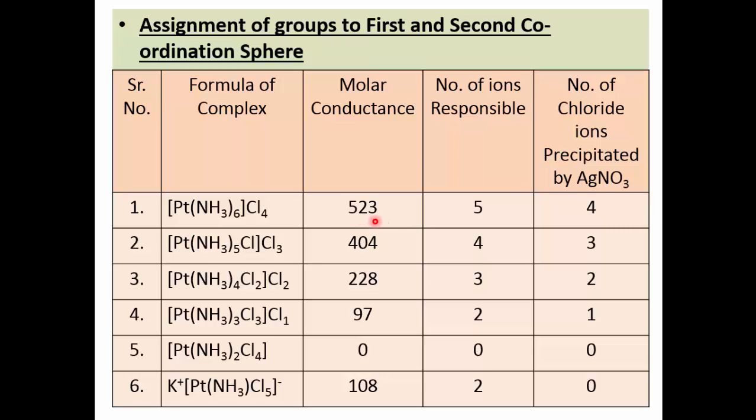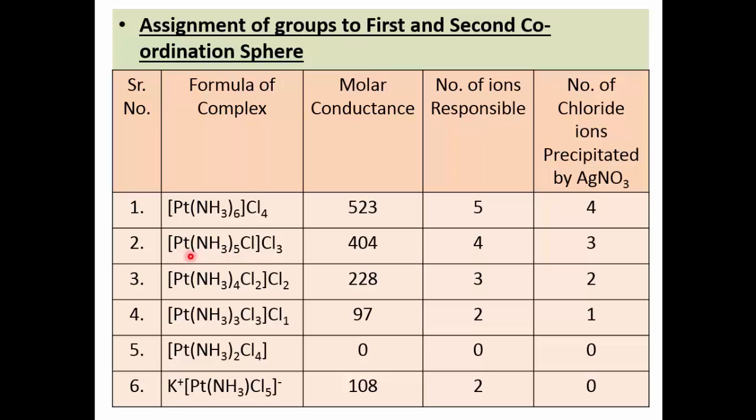It is 523, indicating 5 ions are present. We already discussed 4 ions are present outside the square bracket, and therefore they act as primary valency, precipitated by AgNO3. Next, one chloride ion jumps inside the square bracket and loses its ionizable property. It acts as secondary valency.